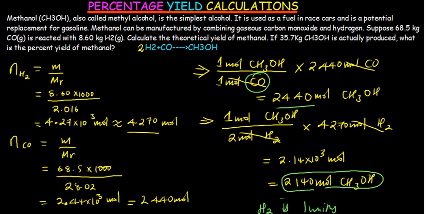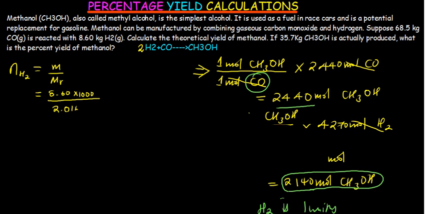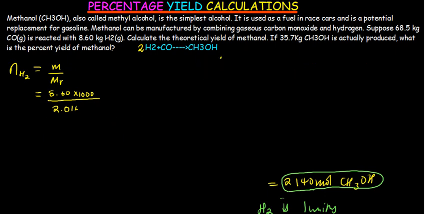We know the moles of methanol that are going to be produced. Now the first question is saying calculate the theoretical yield of methanol. What we want in this case is the mass of methanol that is going to be produced theoretically. We've determined the moles, and we know that mass is given by the number of moles multiplied by the molar mass.